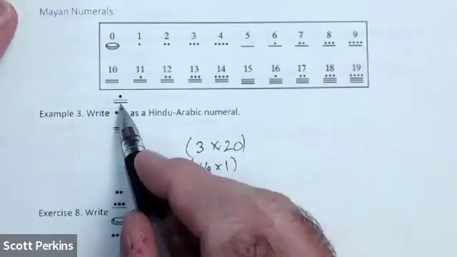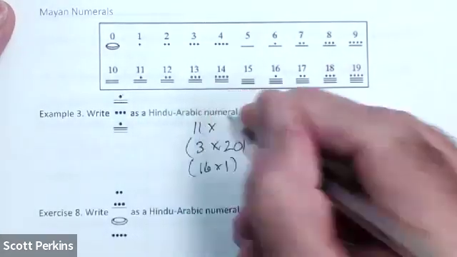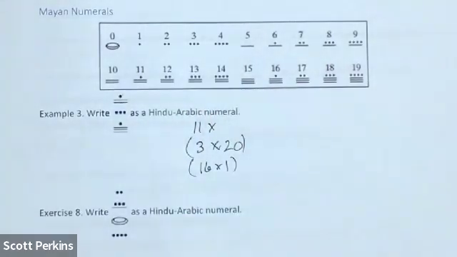The next one I have 5, 10, 11. And I have 11 groups of what? Which is not 20 to the second power. This is where the Mayans took a little bit of a left turn on us. It's not 20 to the second.